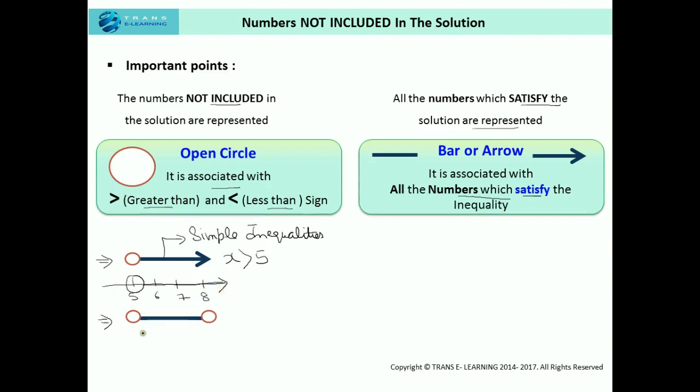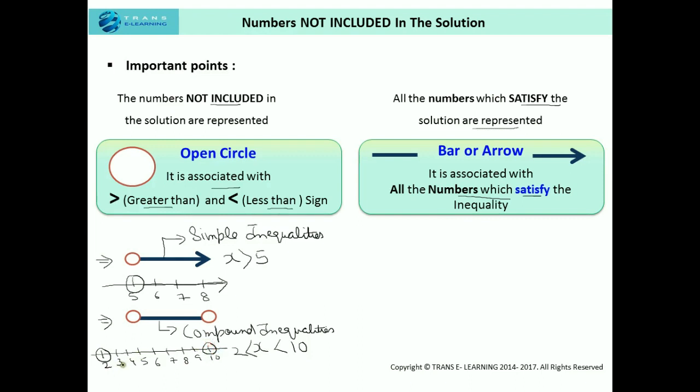And the one with two open circles at the extreme ends and the bar in between is used to represent the solution for compound inequalities, like x is greater than 2 and less than 10. In this case, as x is greater than 2, we will mark 2 with an open circle, and as x is less than 10, we will mark 10 with an open circle.